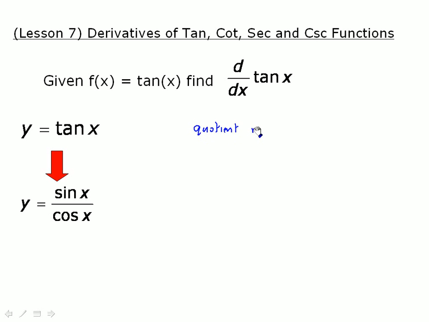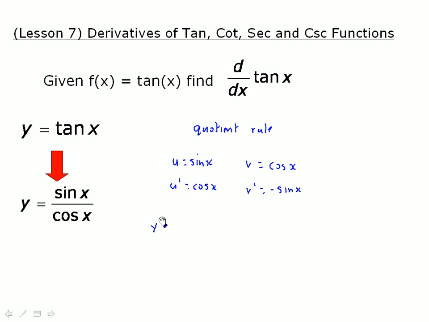So keep your formula sheet around right in front of you, and with the quotient rule we can see that u is equal to sine x, so in traditional form, u prime is equal to cosine x. And then v is equal to cos x, so v prime is equal to negative sine x.